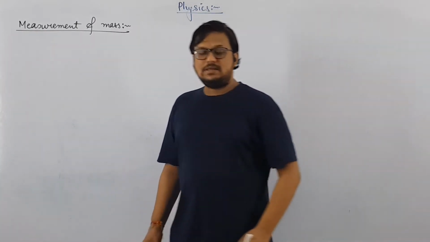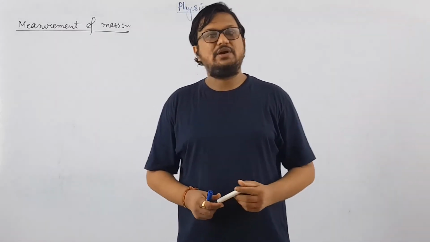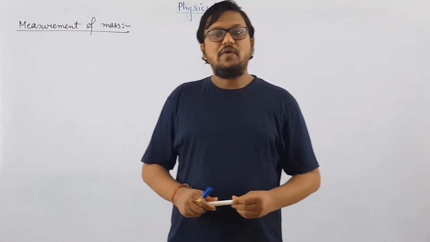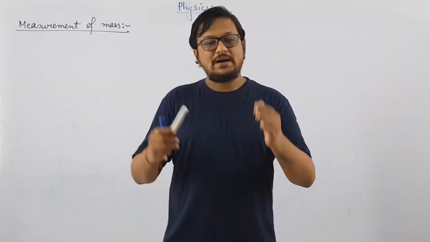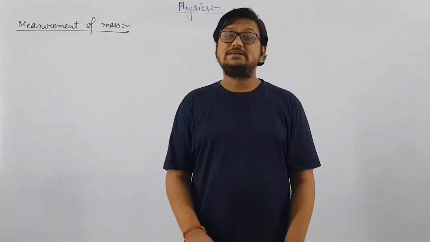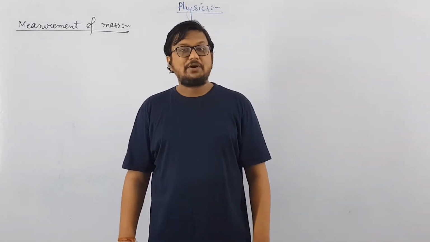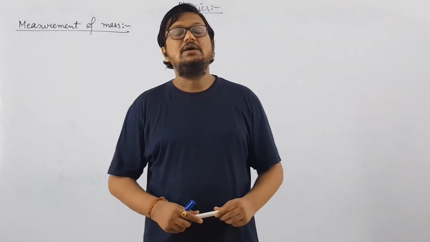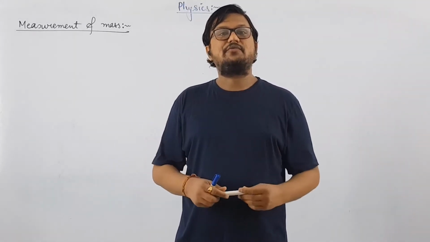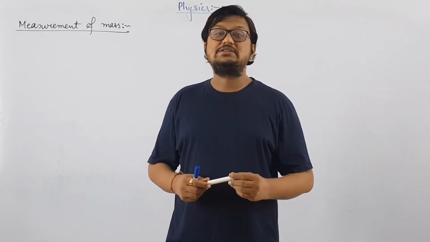Now what is mass? I think you have come across mass and weight in earlier standards. You are aware of the difference between mass and weight, right? Mass is a basic property of matter which is independent of external parameters, and it remains constant.